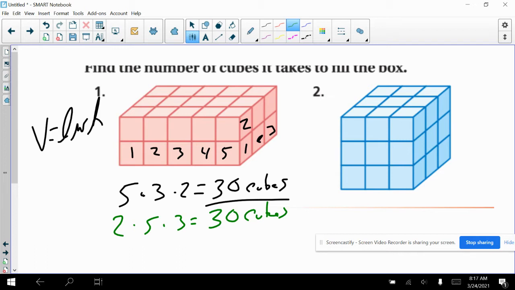Okay, for the blue one, we got 1, 2, 3, right? Again, finding the volume. How many cubes are there, right? So 3 times 3 times 3. Some of you will put 9. That's not good.